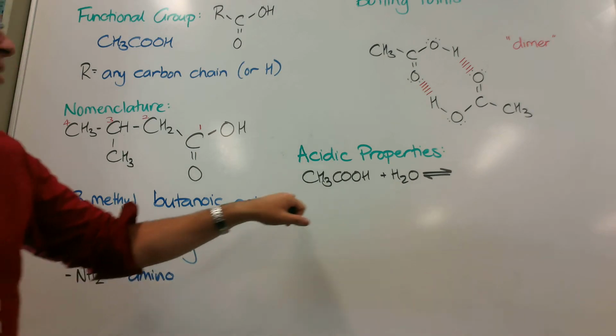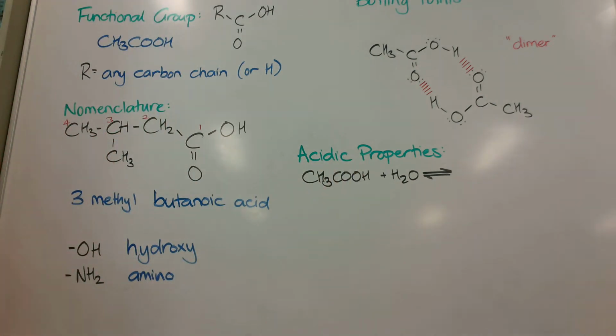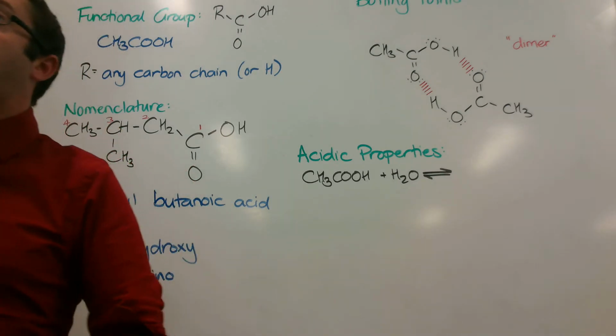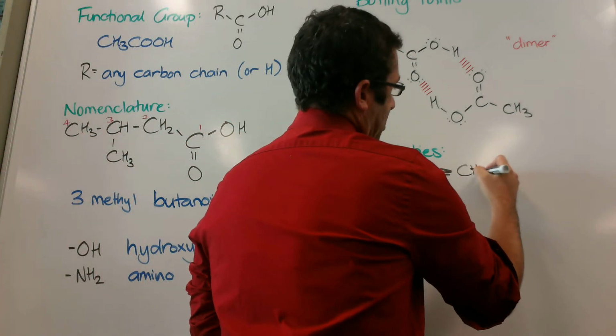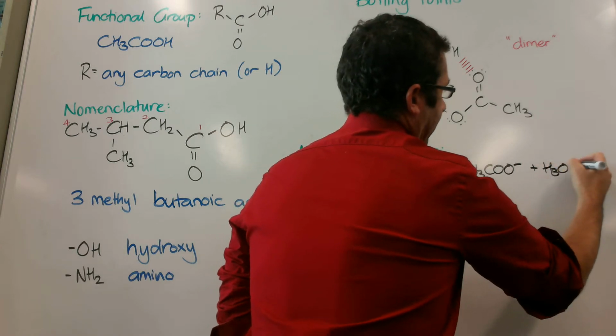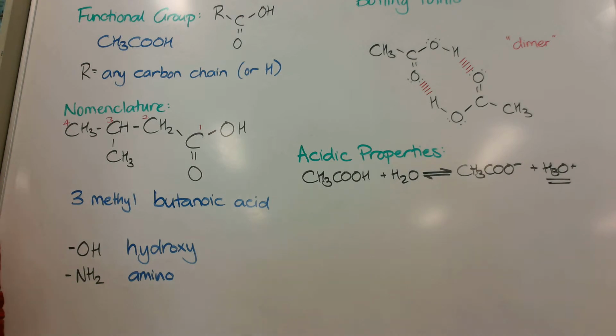But 1 in 1,000 will dissociate. But acids, we need to remember our Bronsted-Lowry definition of acids. Acids are proton or H plus donors. They will give away H plus. So what they're going to do is become CH3COO minus, and they're going to increase the concentration of hydronium ions in the solution or on the damp litmus paper or whatever.